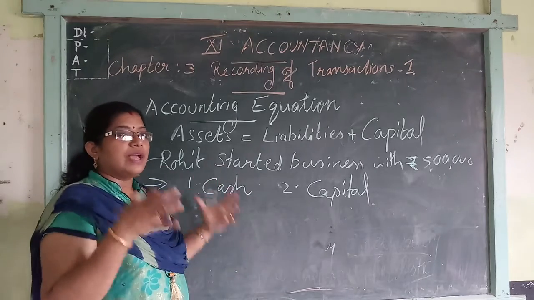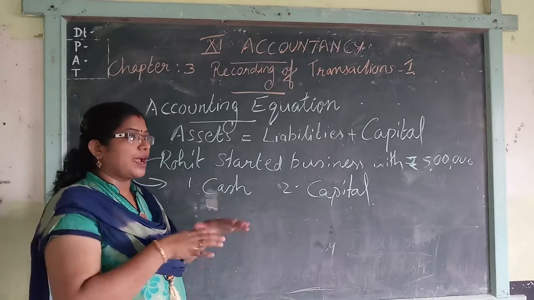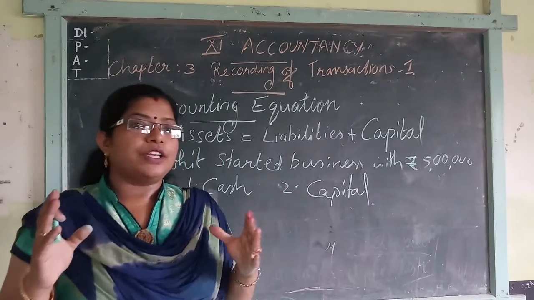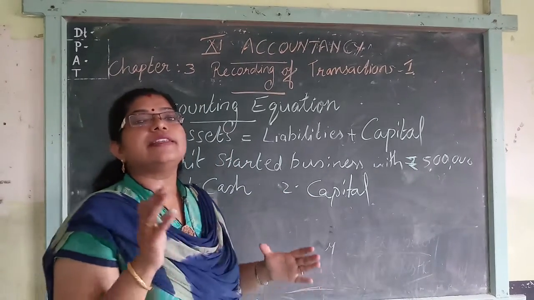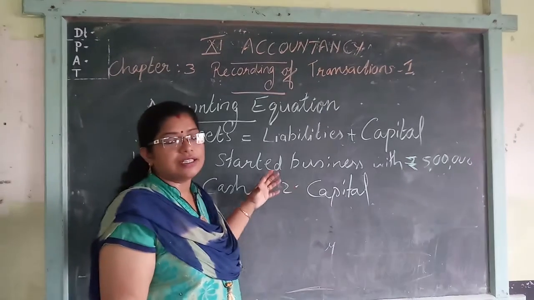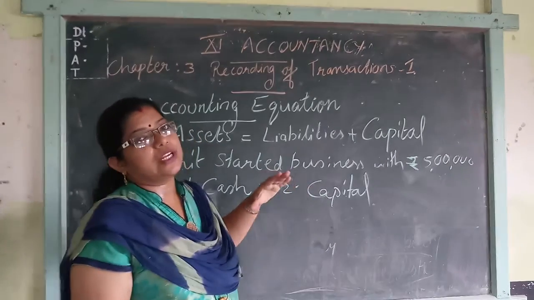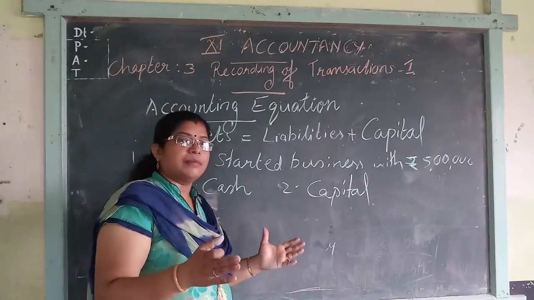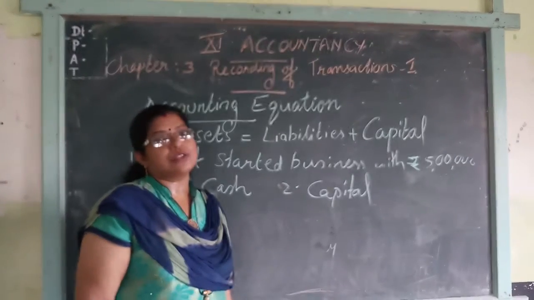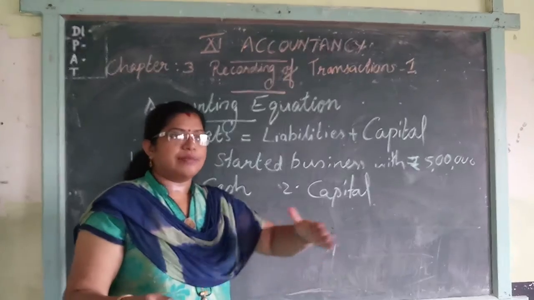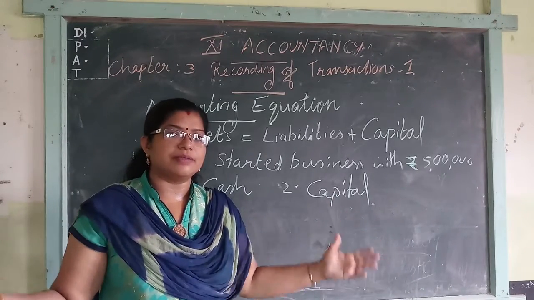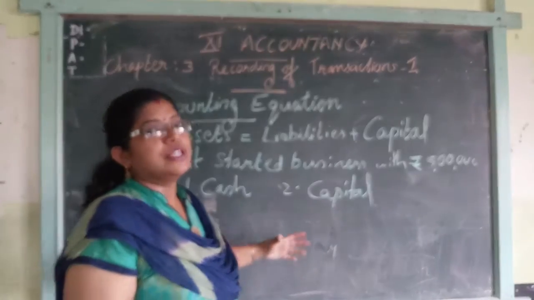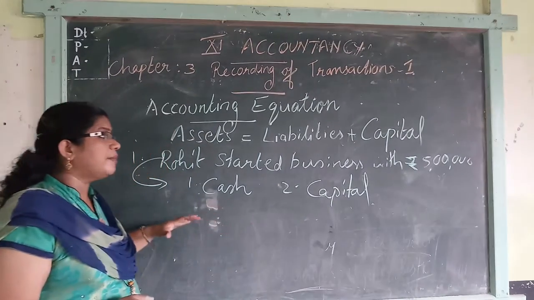When you are doing this transaction or identifying things, you should keep one point in mind, the entity principle concept. What is that entity concept? The business is separated from its owner. Owner and business are defined entirely separately. You should keep that concept in mind. So the entity is very important, here the business entity.